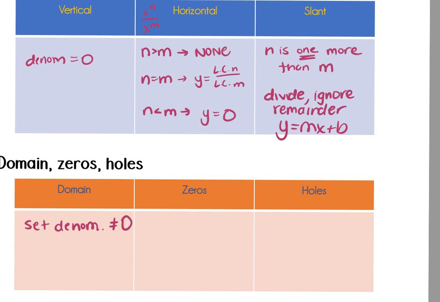If I wanted to find the zeros, how do I do that? Good. Numerator equal to 0. And again, that's after you factor it, then solve it. And holes happen when? If you cancel out a term in the denominator.